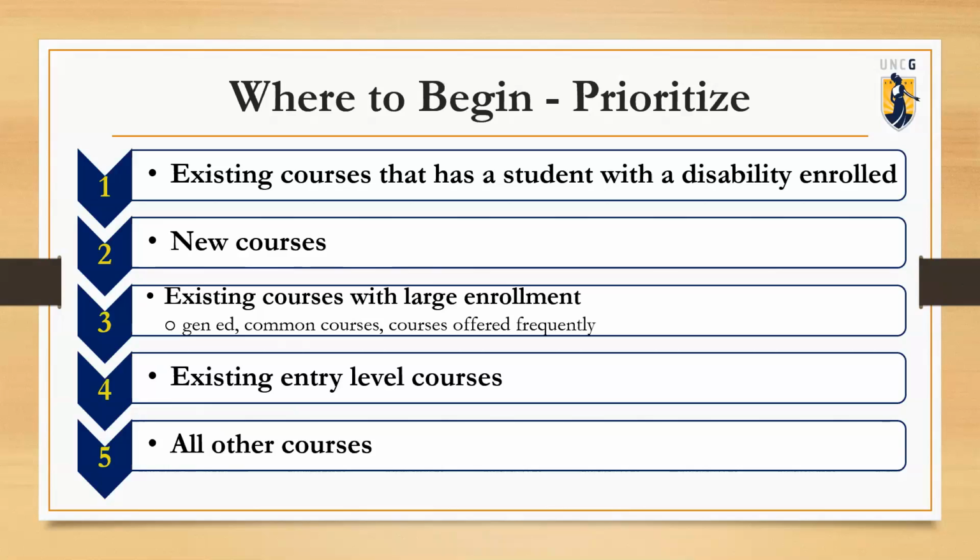This, of course, would be a reactive response to making a course accessible, but it absolutely would have to take precedent over any other courses that you may be looking at or considering remediating.